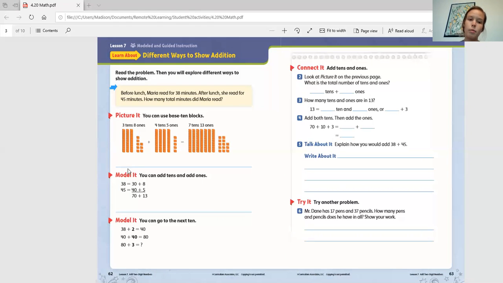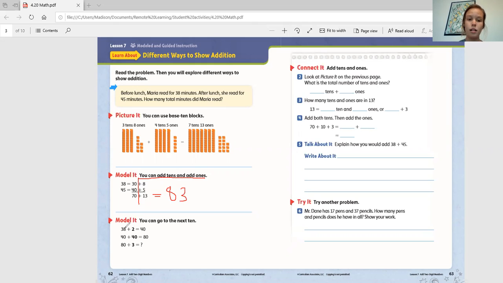Now over here under model it, it has you adding the tens and ones like I chose to do in the previous problem. 30 plus 8 and then 40 plus 5, and it kind of cut it down the middle, so you did your 30 plus 40 and your 8 plus 5, and then totaling that together would be 83.